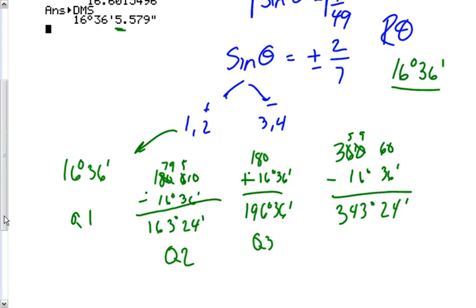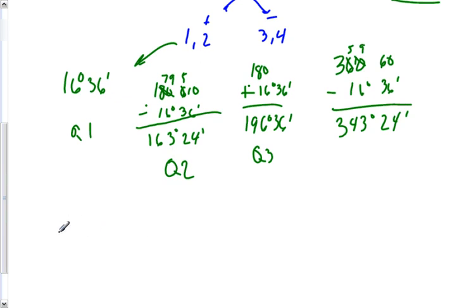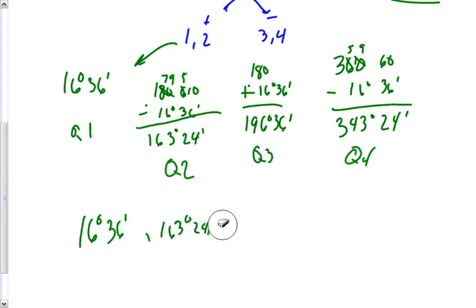So our solution set may look pretty ginormous here, but just write it all out, be calm. Remember, quadrant 1, quadrant 2, quadrant 3, quadrant 4. Have them all. So just write it out. 16 degrees, 36 minutes, or 163 degrees, 24 minutes. Make sure you're labeling it right. 196 degrees and 36 minutes.